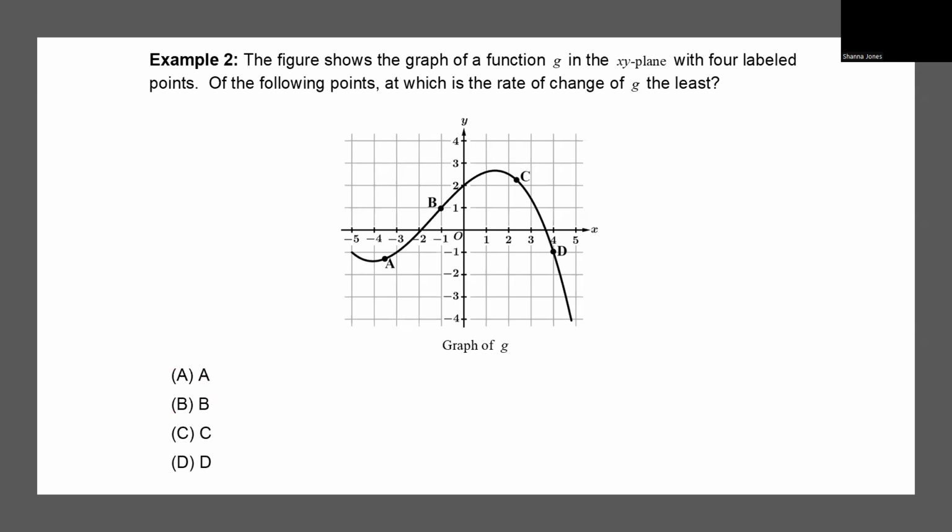I want to see how you process this. Oh, let me do my reset of the timer. Got it. 60 seconds gone. What do you think has the least, the smallest rate of change?